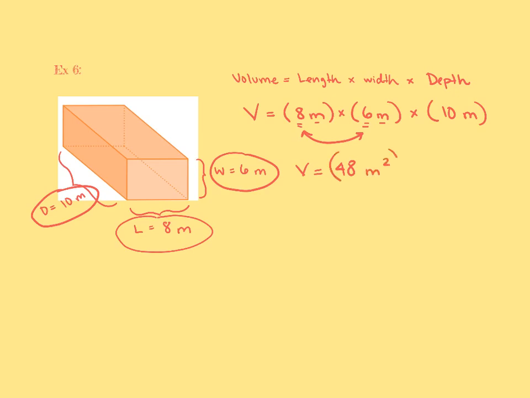Or square meters. Times, what do we have left? Well, we did these two. We have 10 meters left. So multiply 48 times 10. And that's going to be 480. And then meters squared times meters, well, think about it, that's meters squared to the second power times another meters. That's going to be meters to the third power.